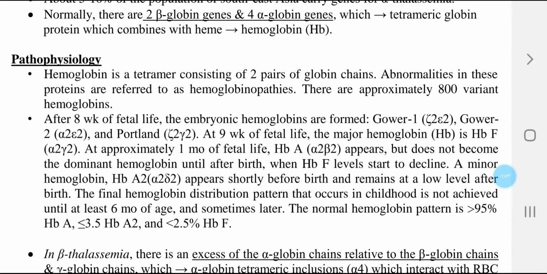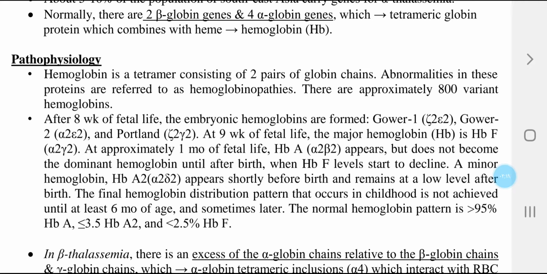At 9 weeks of fetal life, the major hemoglobin, hemoglobin F, which is alpha 2 gamma 2, is formed. At approximately 1 month of fetal life, hemoglobin A, which is alpha 2 beta 2, appears, but does not become the dominant hemoglobin until after birth.